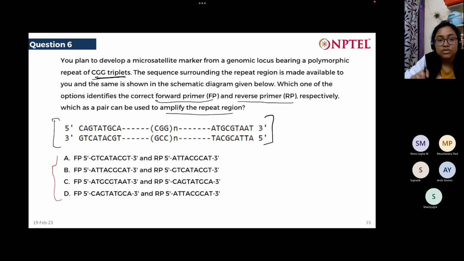Do you recall where the forward primer is ligated and where the reverse primer is ligated? Ma'am, option D. Okay, why do you think it is option D?